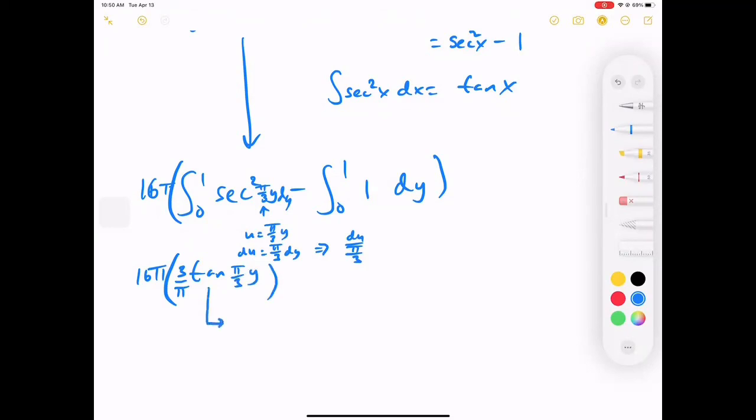The derivative of tangent is secant squared of pi over 3y, followed by the chain rule of pi over 3, which gets rid of that pi over 3. Then I'm going to show you in the parentheses, minus this integral from 0 to 1. Oh my gosh, it's so messy. I'm sorry. On the right side, that's just the integral from 0 to 1 of y. That's just y, plugging in 0 and 1.